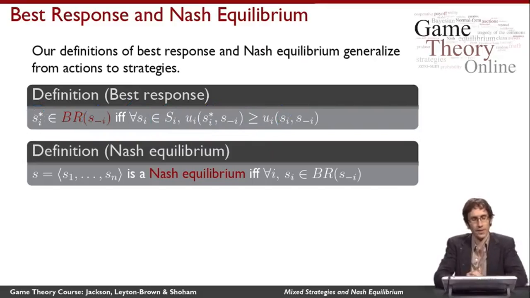So let me say that again. S star i is a best response to strategy profile S minus i if it's at least as good as anything else, given that everybody else is playing S minus i.